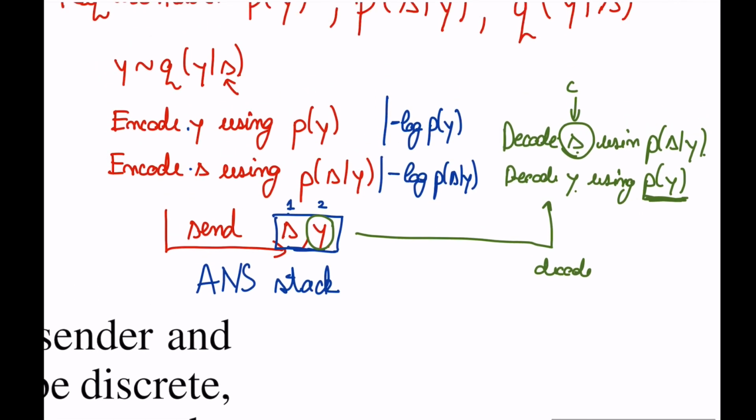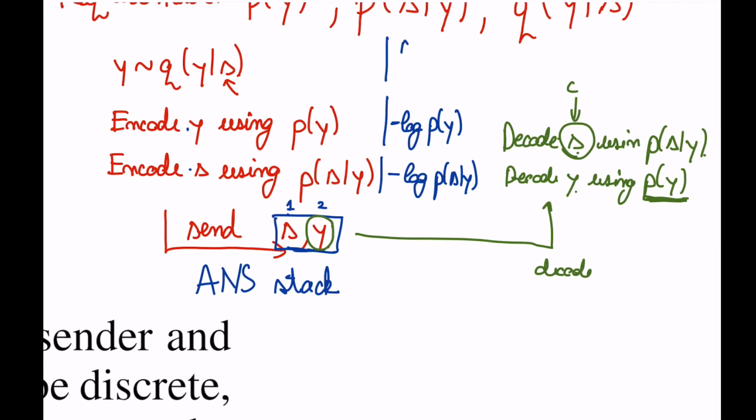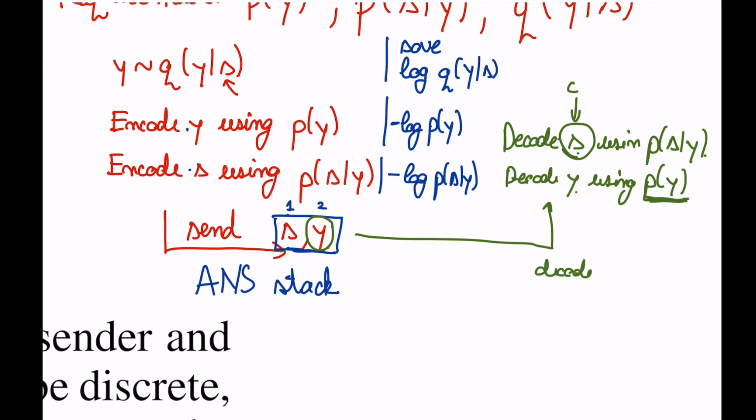And this is perfectly fine, but now the point in everything is that we can do better than that. We can save some bits, and we are going to save exactly logarithm of Q of Y given S. Now the question is how? How are we going to do that?